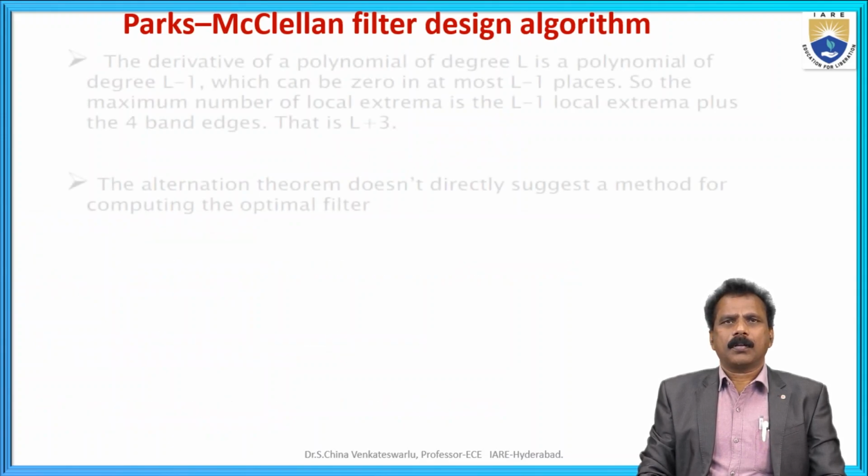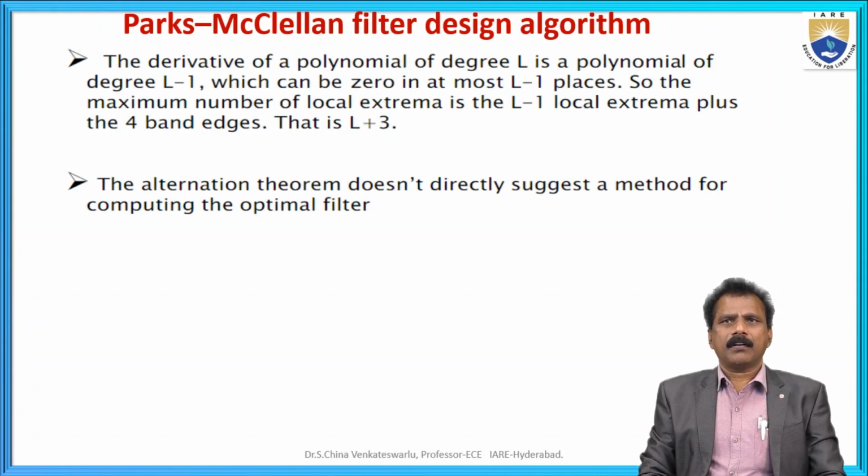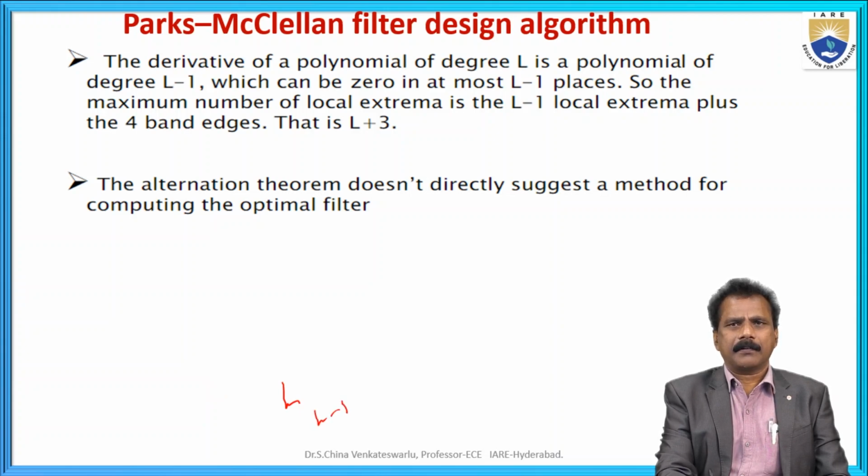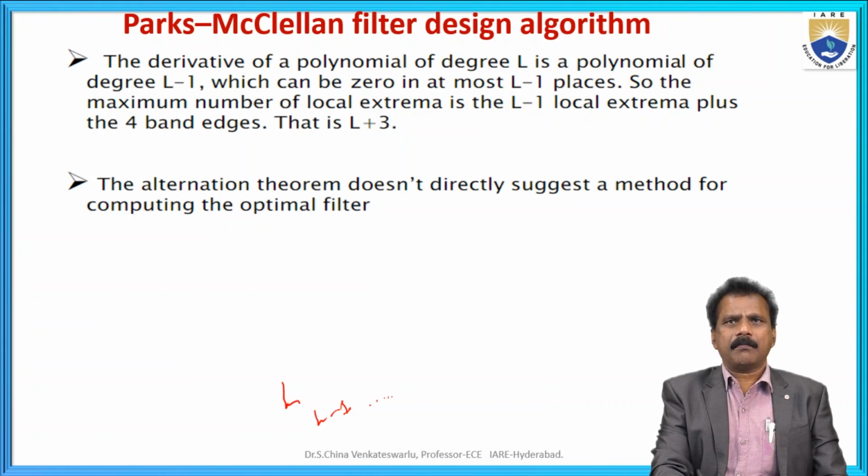Now the derivative of a polynomial of degree L is a polynomial of degree L minus 1, which can be 0 in at most L minus 1 places. So the maximum number of local extrema is L minus 1.